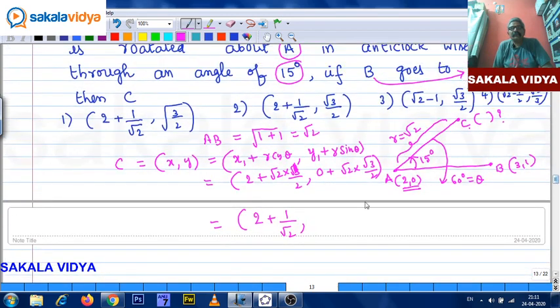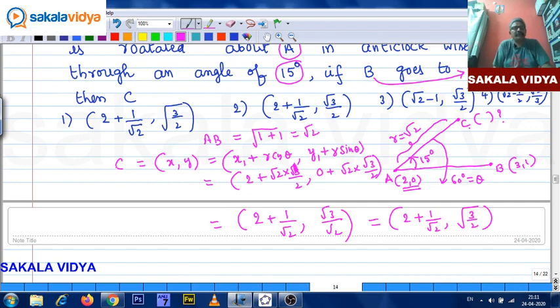So root 3 by root 2, we can write. So this equals 2 plus 1 by root 2 comma root 3 by root 2. So that means the first option is the right option.